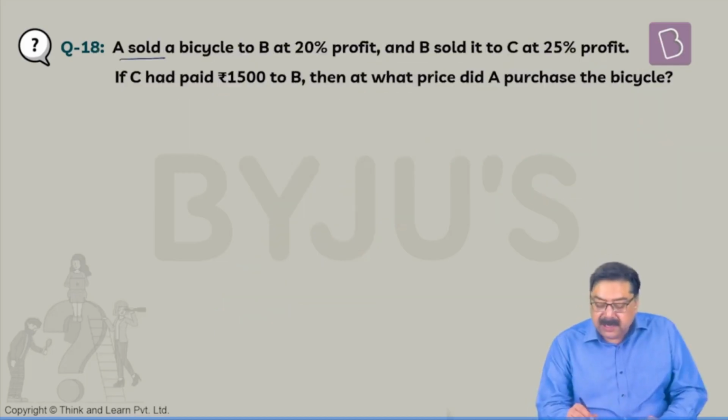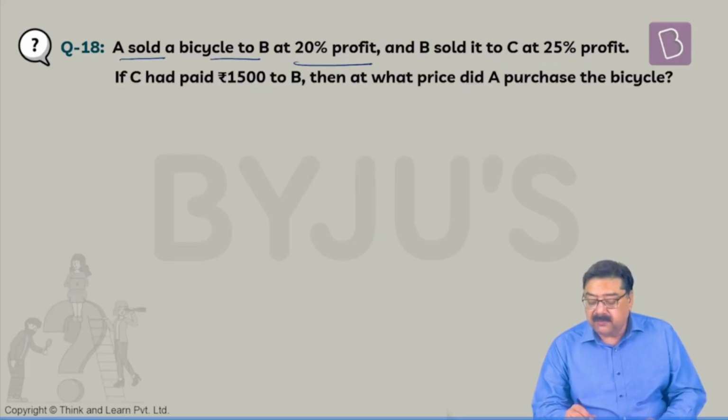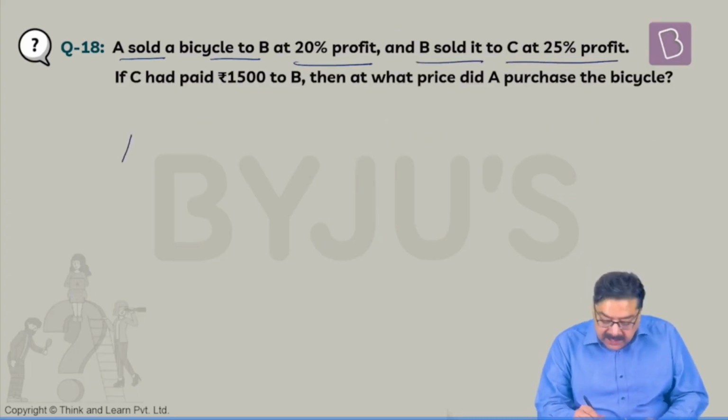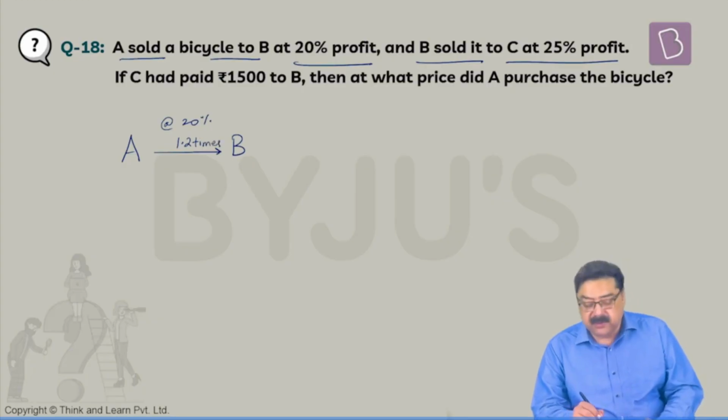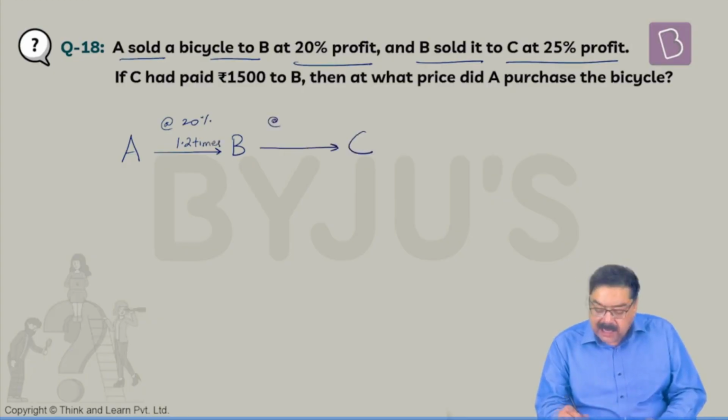Now A sold a bicycle to B at 20% profit and B sold it to C at 25% profit. So A sold a bicycle to B at 20% profit. That is, he increased the price 1.2 times. And B sold it to C at 25% profit. That means B increased the price by 1.25 times.